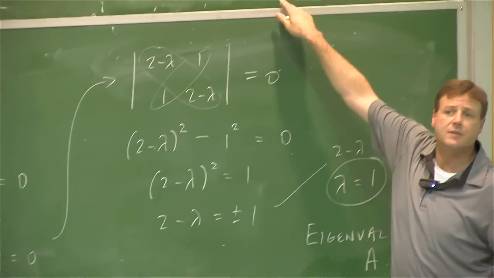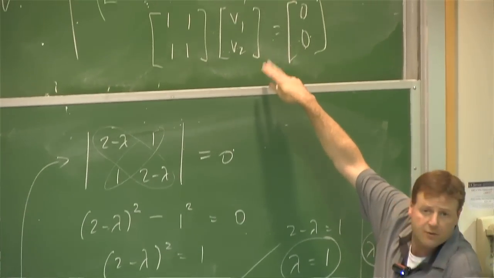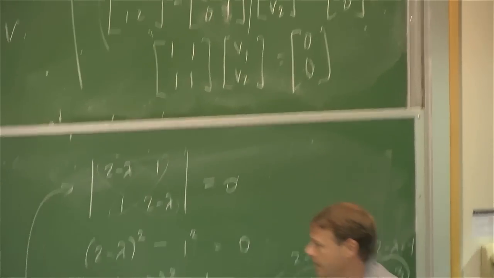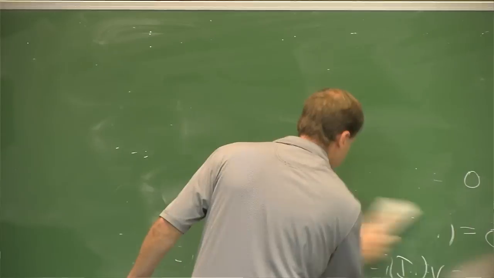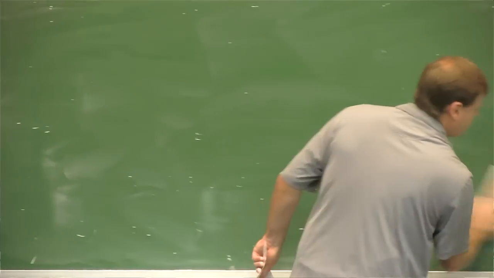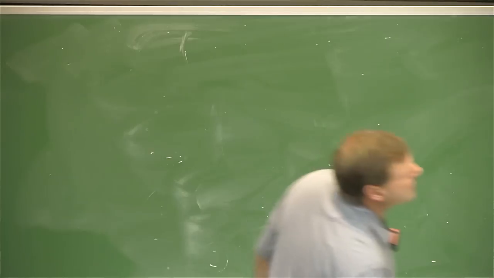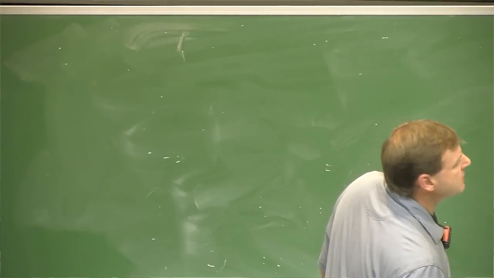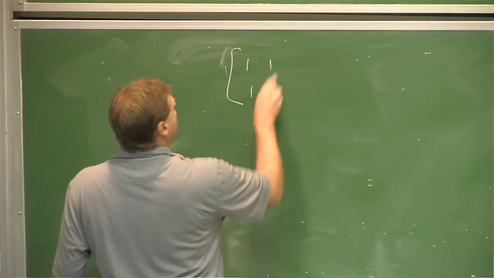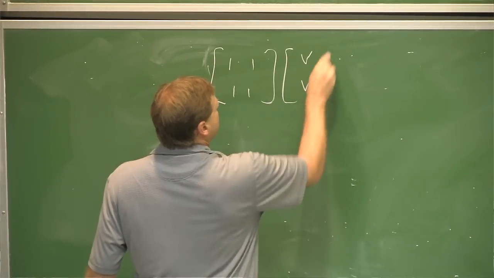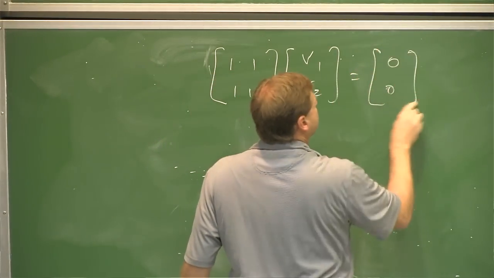So it now boils down to a little system of equations where I need to find those two variables, V1 and V2. So I'm going to reproduce my last step: [1, 1; 1, 1] times [V1, V2] equals [0, 0].